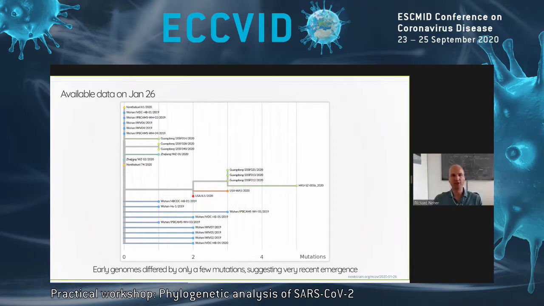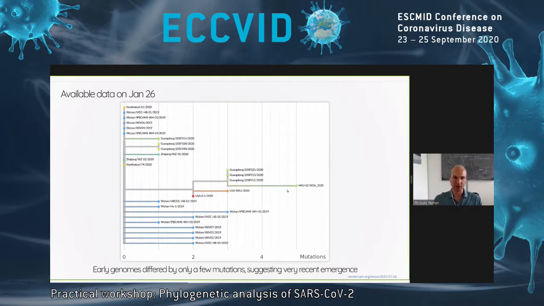And these are genomes that are all identical. On all the 30,000 bases of the genome, they are letter to letter identical to the reference sequence, the prototype sequence from Wuhan. And then there's a few sequences that are 1 mutation away, some that are 3 mutations away, and there was the odd one that was 5 mutations away.